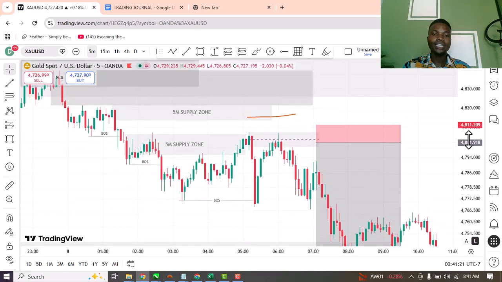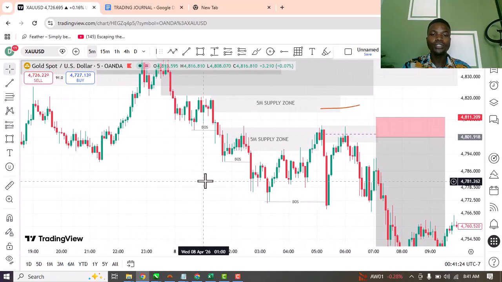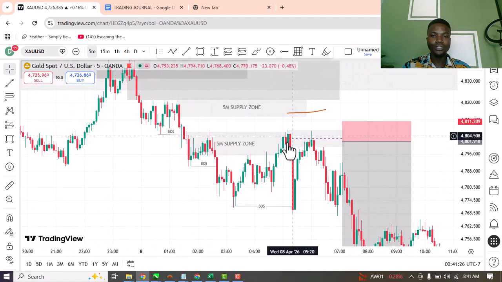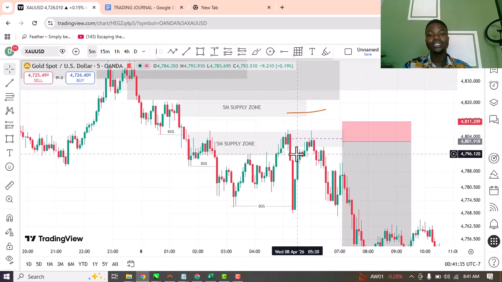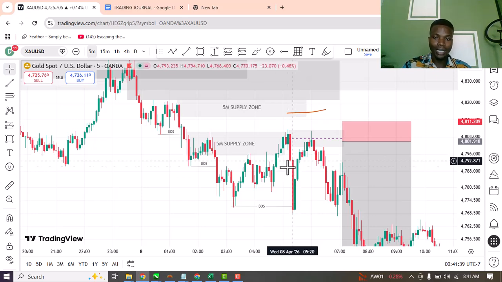When I saw that price was respecting this 5 minute supply zone, it immediately created this sell pressure.